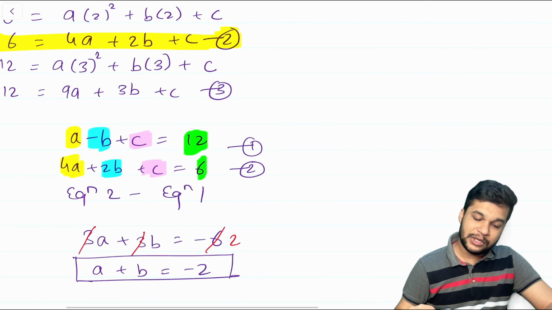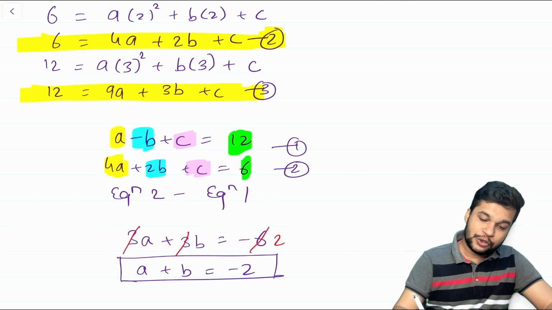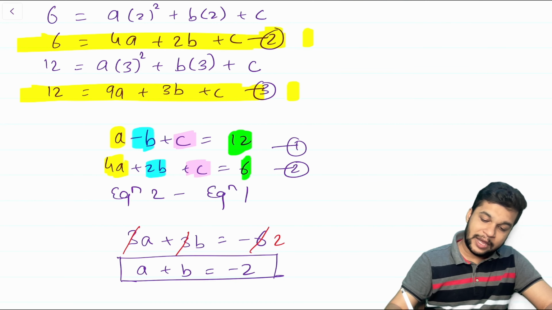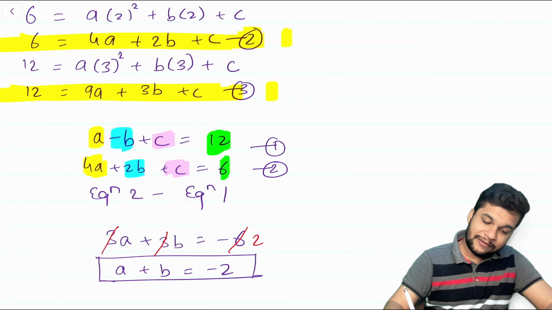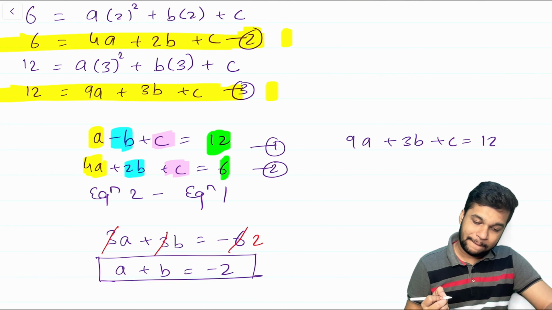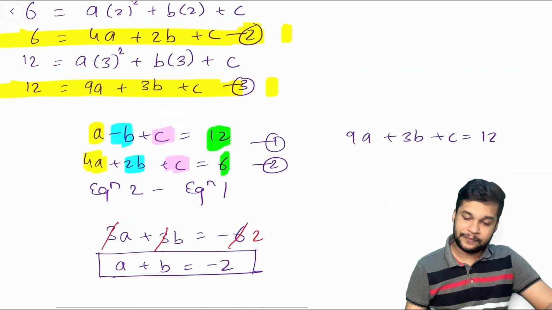Now again, I have one more equation here. Let me write this equation and that equation. We have 9a plus 3b plus c equals 12.